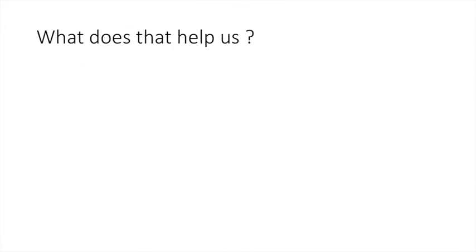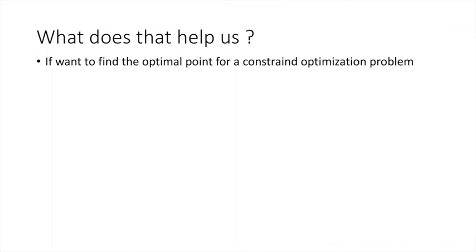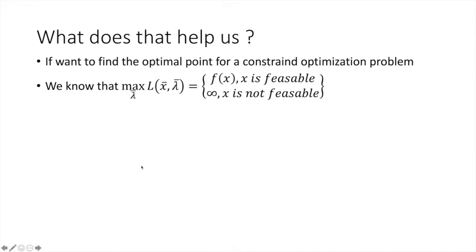So we have seen the minimax theorem, but how does it help us? If we want to find the optimal point for a constrained optimization problem, we know that if we take the maximum over lambda of the Lagrangian, we would get f of x if x is feasible, because then the constraint would be smaller or equal to 0, and infinity if x is not feasible, because then we have some constraint that is larger than 0, and we can take lambda that would explode it to infinity.